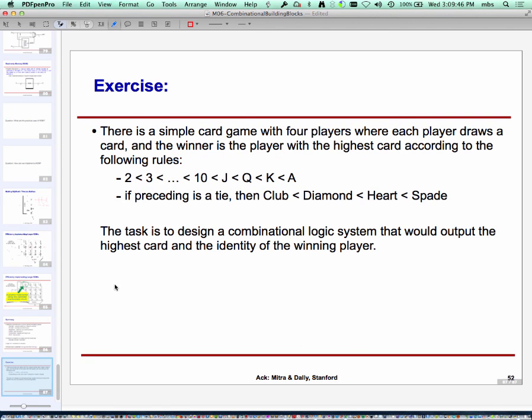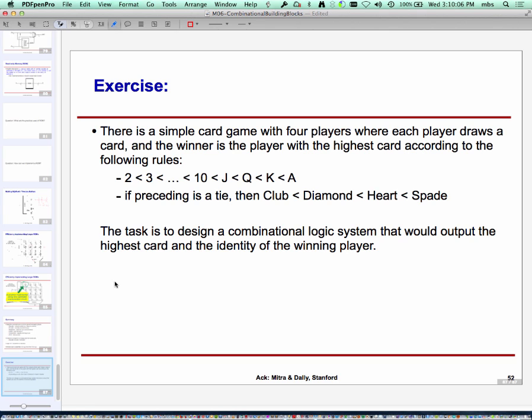So, one homework problem that I have given, this is not the design homework, but regular homework, goes like this. There is a simple card game where there are 4 players and each one of them just draws a card. And you have to find the winner, okay? As in who has the highest card.